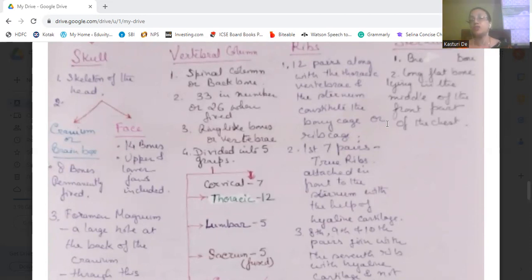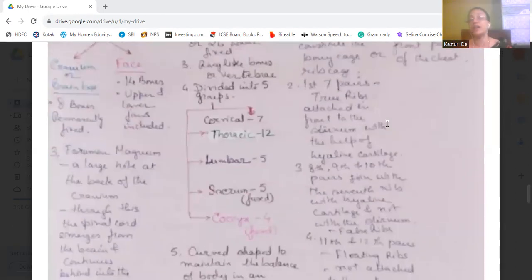Then the lumbar region, the waist region rather, consists of 5 bones. The sacrum region also has 5 bones, but they are fused. And the coccyx region, the lower tail portion of the vertebral column, has 4 bones which are again fused.